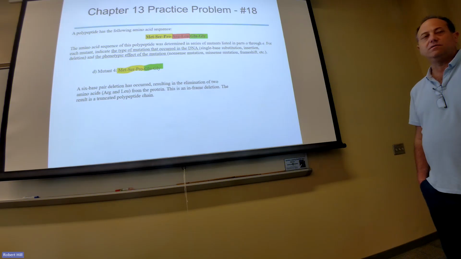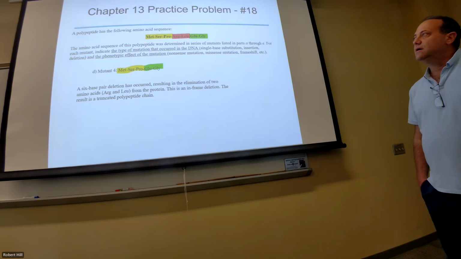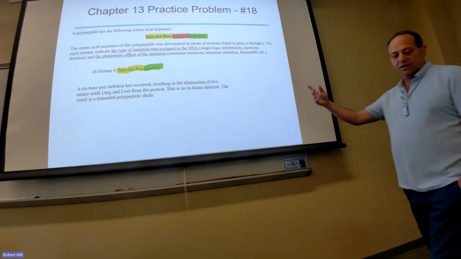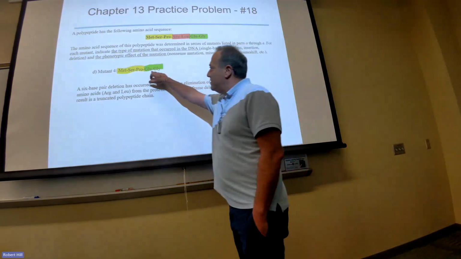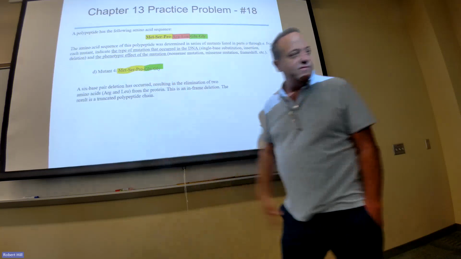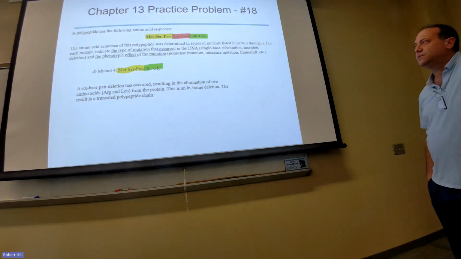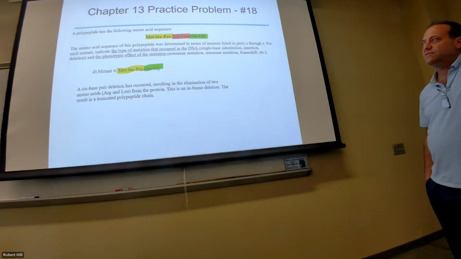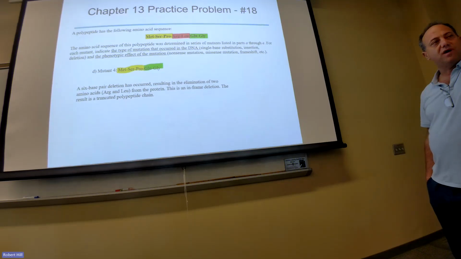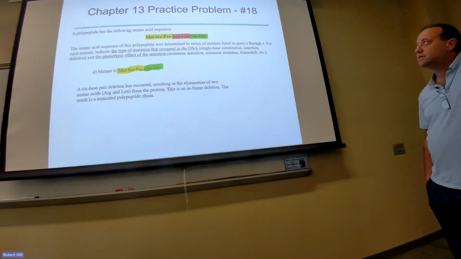So if we only pulled out 4 or 5 nucleotides instead of 6, then we would have had a frameshift too. So we would have had a different sequence here, and you actually would have only had 1 amino acid. You wouldn't have had 2. Okay, so this was a deletion that was in frame because you pulled out 2 codons.